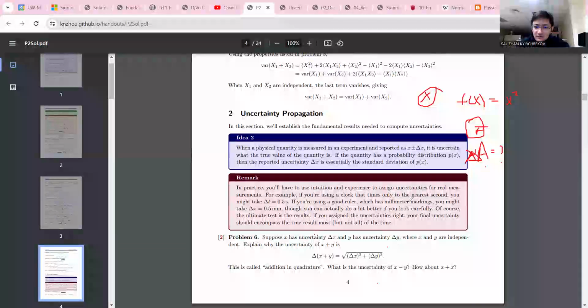And there is another thing which is called independent variables. It's when you have, let's say, a rectangle, one side x, the other side y. You have two different uncertainties. And even worse, let's say you have to use different instruments to measure these two variables.